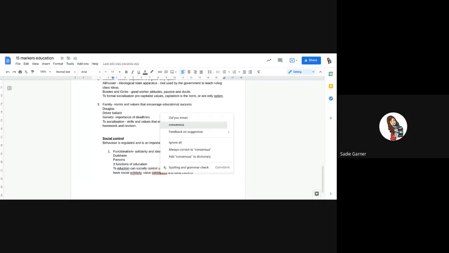Okay, that's paragraph 1. Generally, there is a paragraph on functionalism, and a paragraph on Marxism.